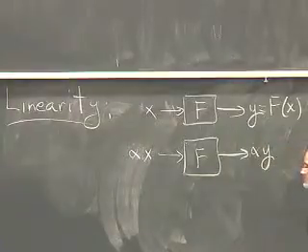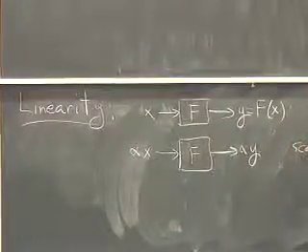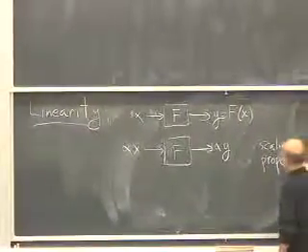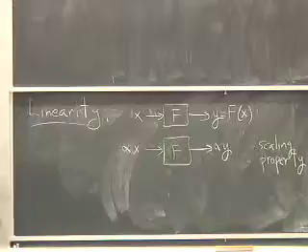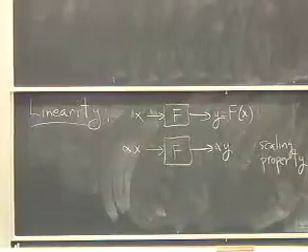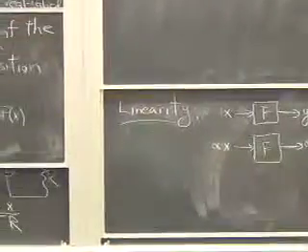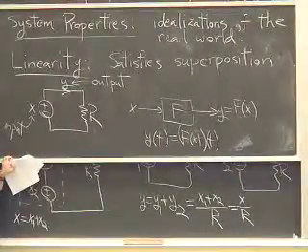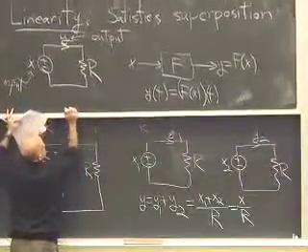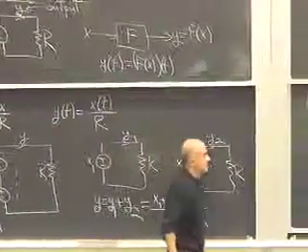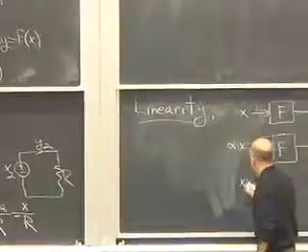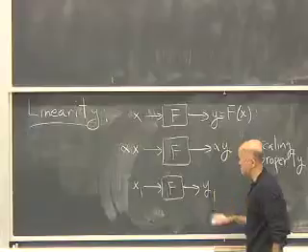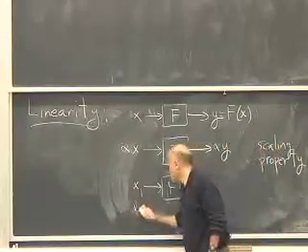Alpha times what? This is called the scaling property. In the resistor example, it would correspond to, for example, doubling this voltage, which would result in a doubled current. That's the scaling property.